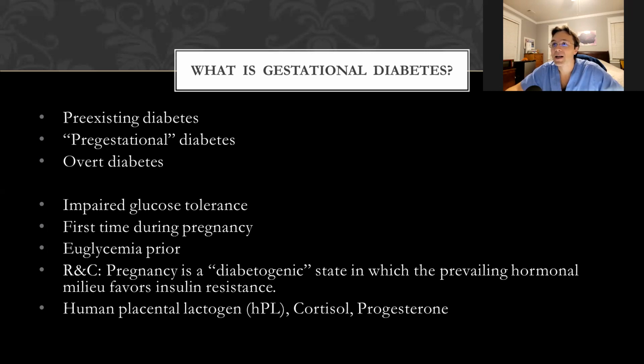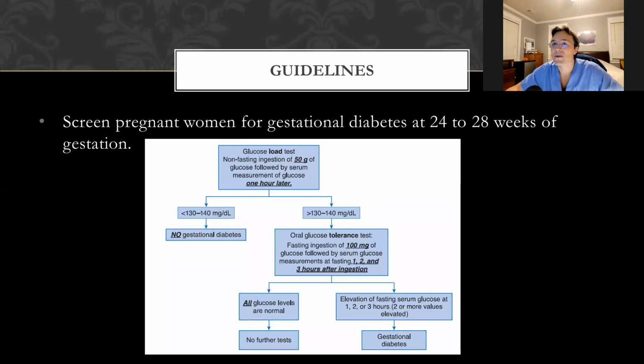All right, let's go further. So what are the guidelines? Well, the guidelines are pretty well known, right? Pregnant women should be screened for gestational diabetes at 24 to 28 weeks of gestation. And you can start with a glucose load test. You load the patient with sugar, literally, right? The patient doesn't have to fast for this test.